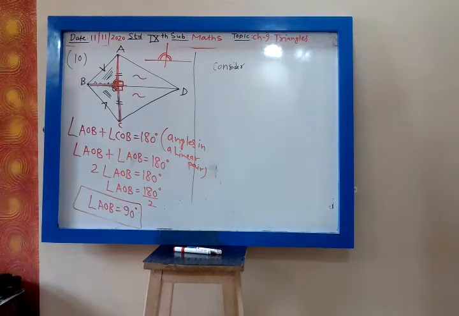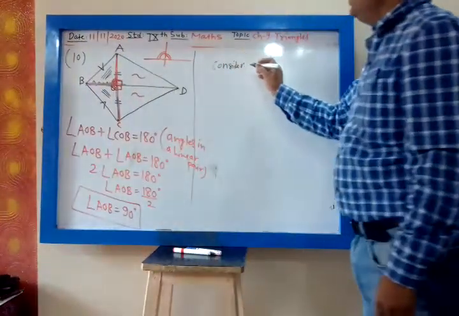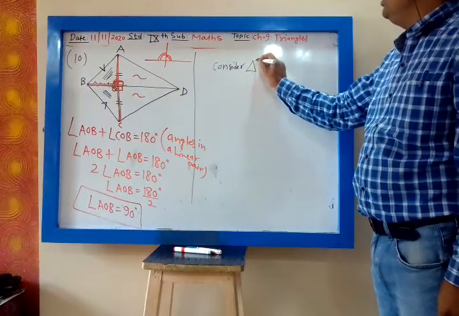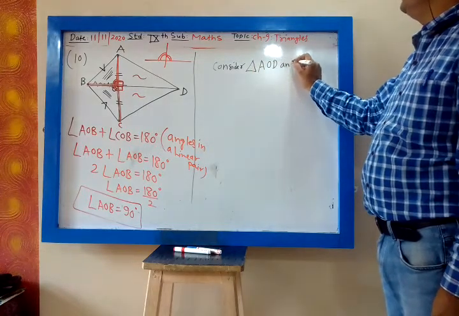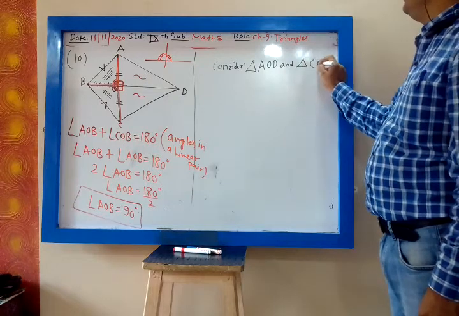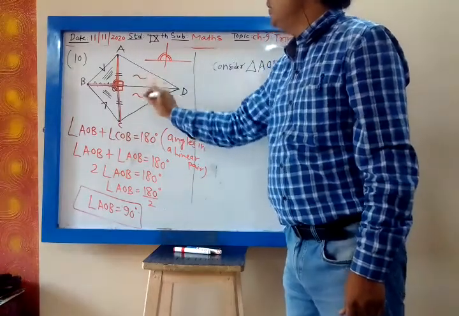We want to prove it. So consider triangle AOD and triangle COD, the second part. Now you want to prove that they are congruent.